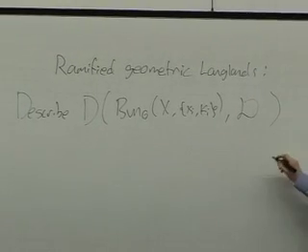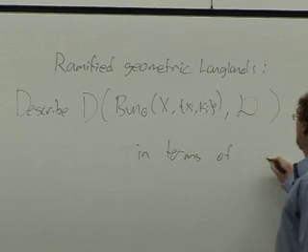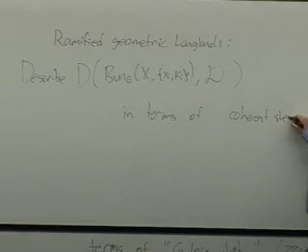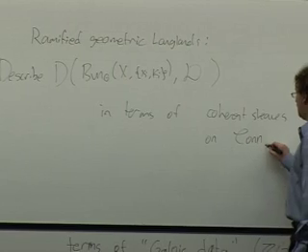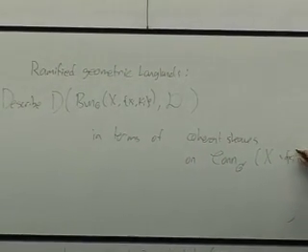And how do I want to describe it? In terms of coherent sheaves on moduli spaces of connections on G check on X with singularities at the points xi.